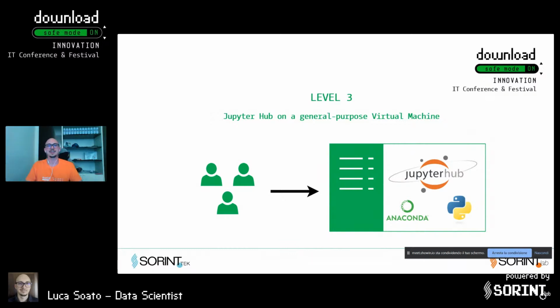You can see here there is Anaconda for the kernel, the Python kernel environment management, and it was a completely different approach, because before it was a tool for one person, but now we were building a tool for a team so they can work together. And you know, teamwork is overpowered.